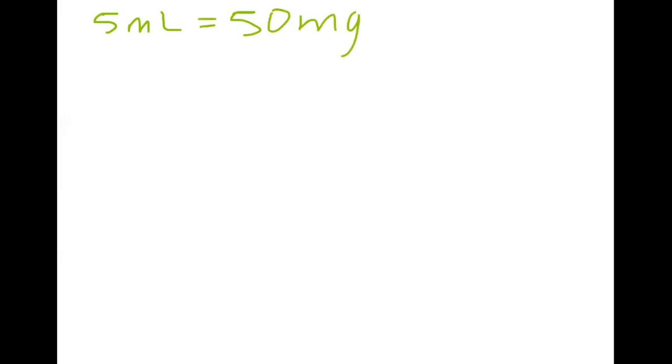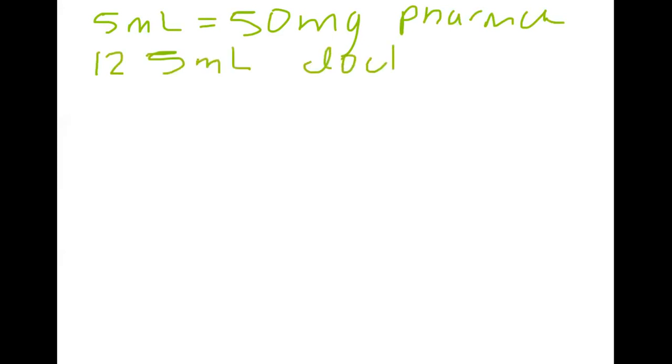That's what we have in pharmacy. What the doctor ordered is 12.5 milliliters. So our X value is going to be milligrams. That's what we want to know, milligrams. Okay?